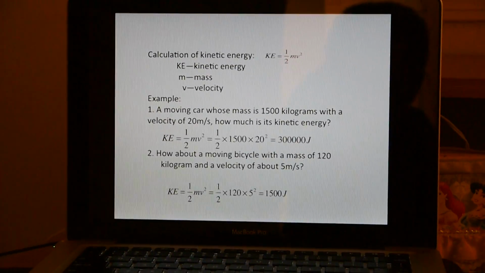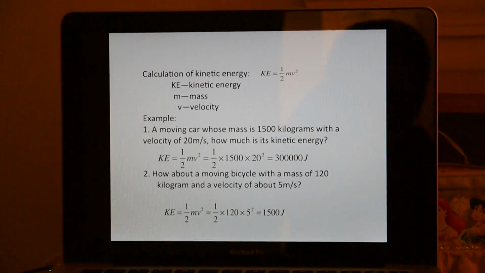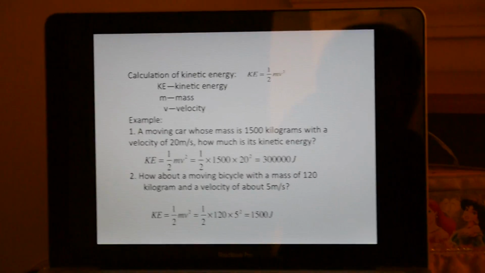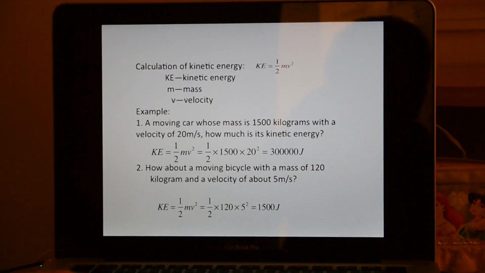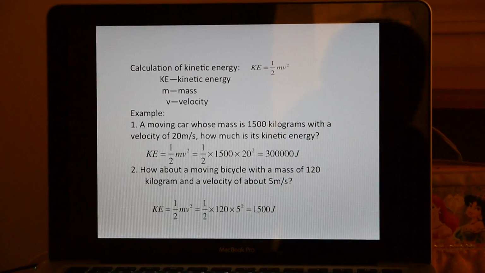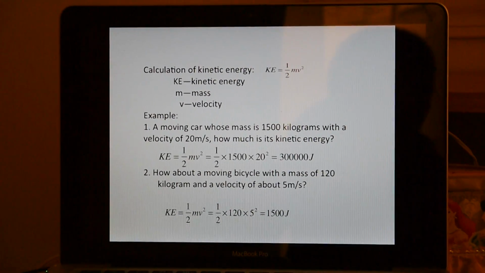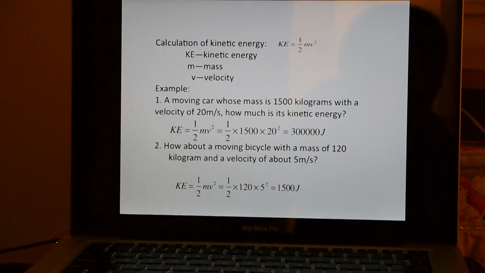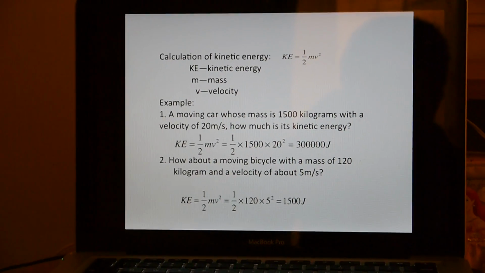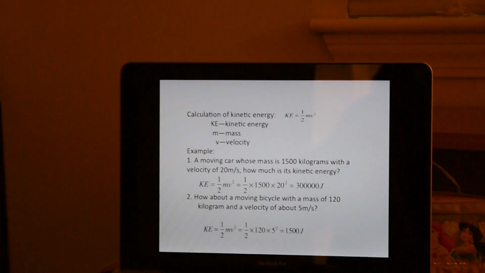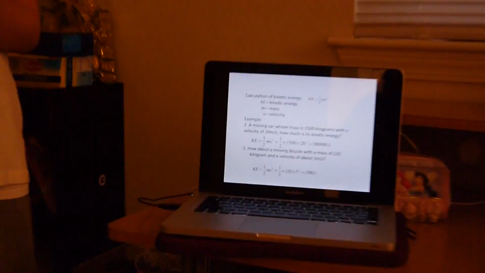Even though the bullet has a very small mass, the velocity of the bullet is very great. So if we do the calculation, we will find the kinetic energy of the bullet is very large. So it can cause some damage. Does this make sense? Yeah, absolutely. Thank you. Thank you.